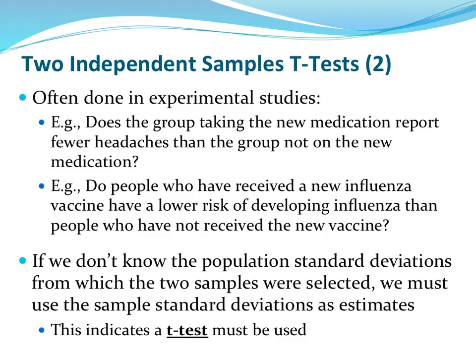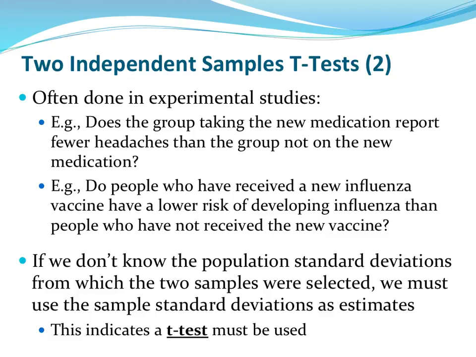Two independent samples t-tests are often conducted in experimental studies. For example, we might use a two independent samples t-test to help answer the question, does a group taking a new medication report fewer headaches than the group not taking the new medication? Or maybe, do people who have received a new influenza vaccine have a lower risk of developing influenza than people who have not received the new vaccine?